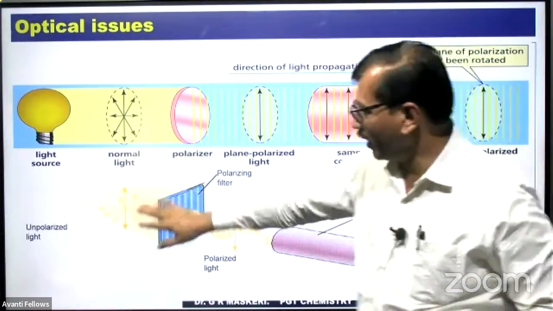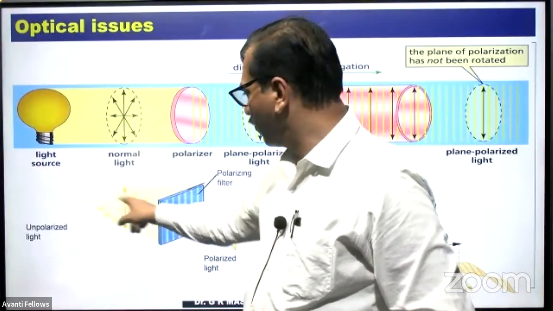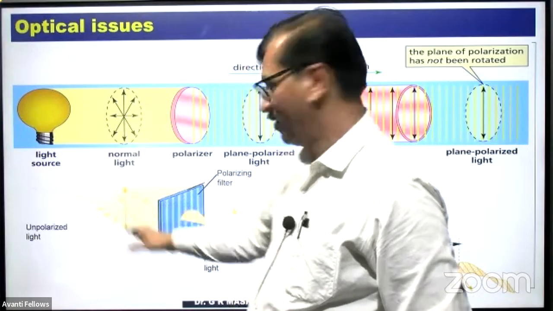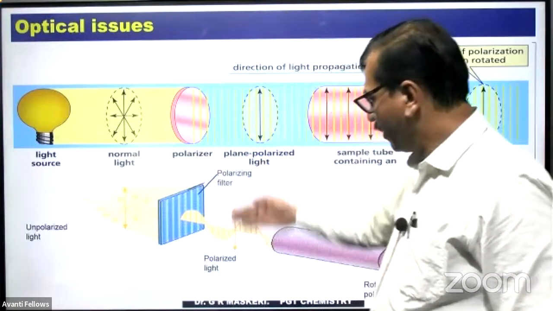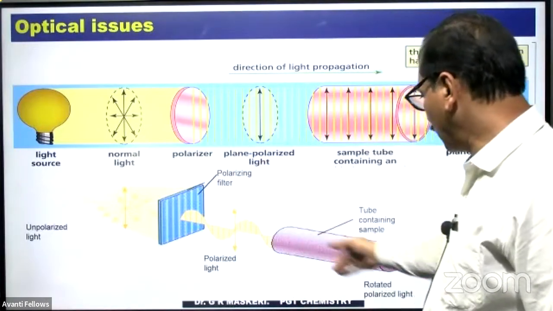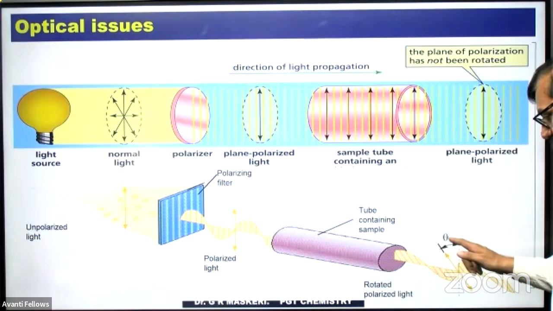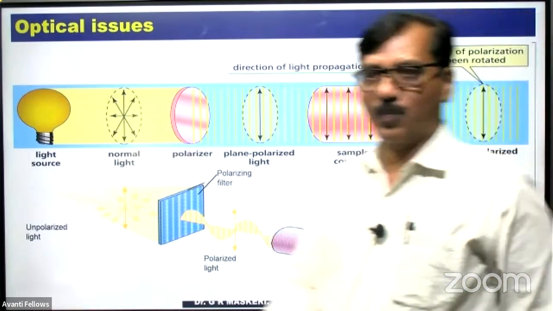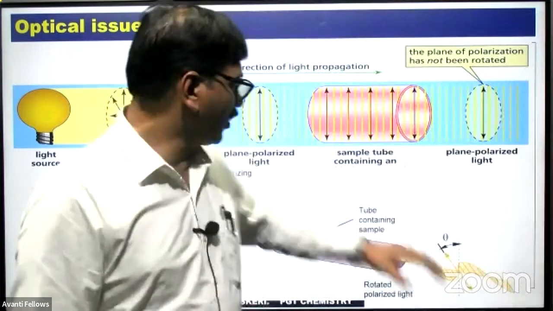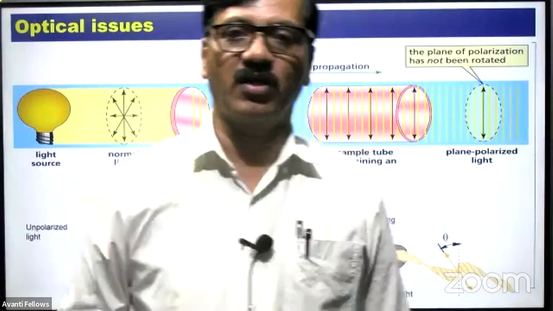Here is another diagram. I don't know whether you can see it properly. You can see the vibration of light, the Nicol prism, and this is plane polarized light. In one plane it is there, and as it passes through the tube it is tilted by an angle. For a specific length, 10 centimeter, and a particular concentration, you can write the specific rotation of that compound.